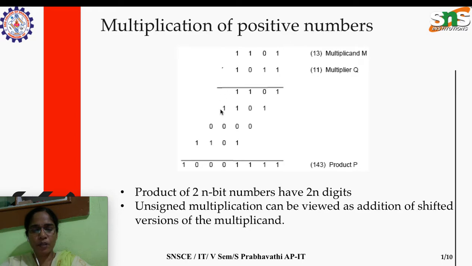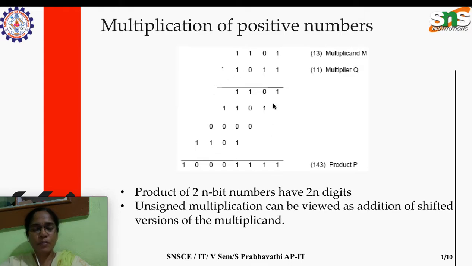Then 1 plus 1 is 10, so 0 is the sum and the carry is 1. Then 1 plus 0 plus 1 is 10, so 0 is the sum and the carry is 1. Then 1 plus 1 is 10, so we write 10 here. So this is the final output, and this is how we usually do the multiplication.